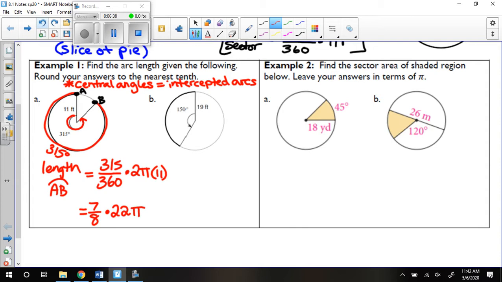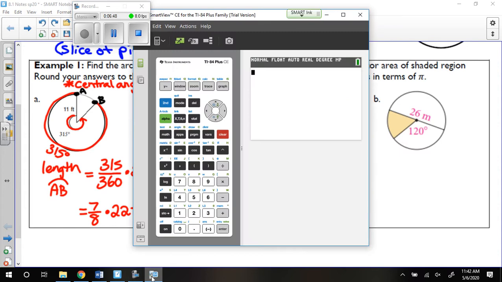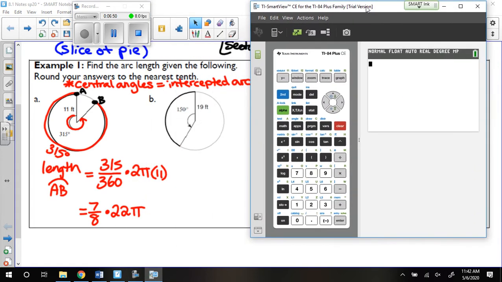So now all I have to do is multiply my 7 over 8 with 22 pi in my calculator. So let me pull that up. Okay, so we're doing 7 over 8 multiplied with 22 pi. So we get 60.5-ish.